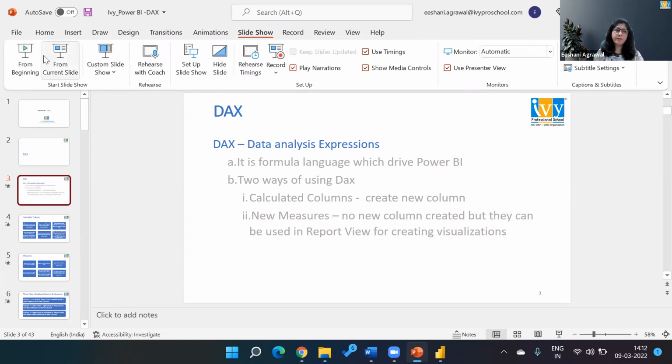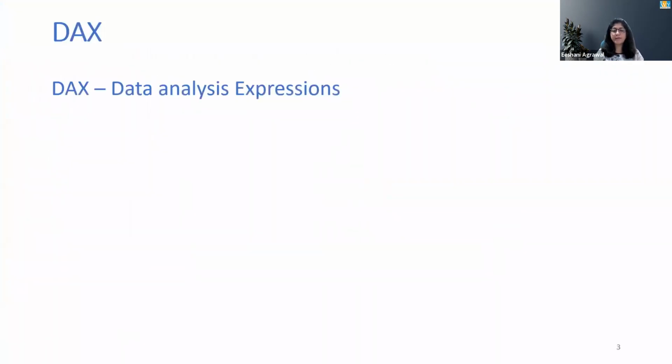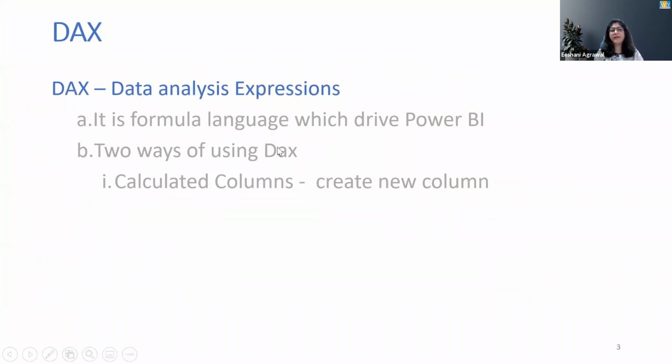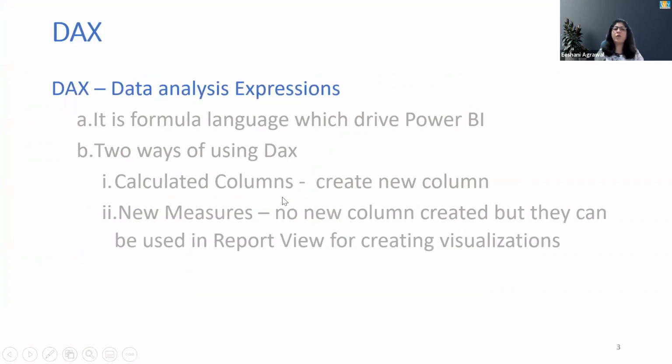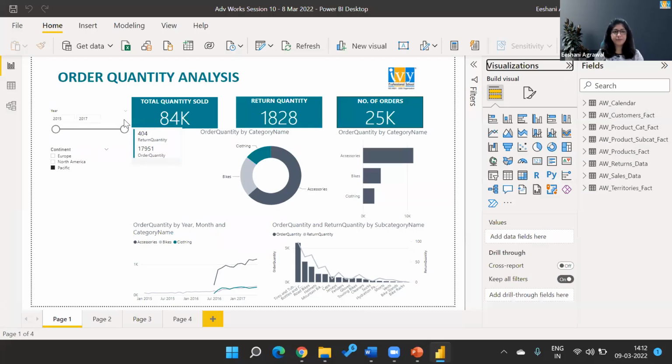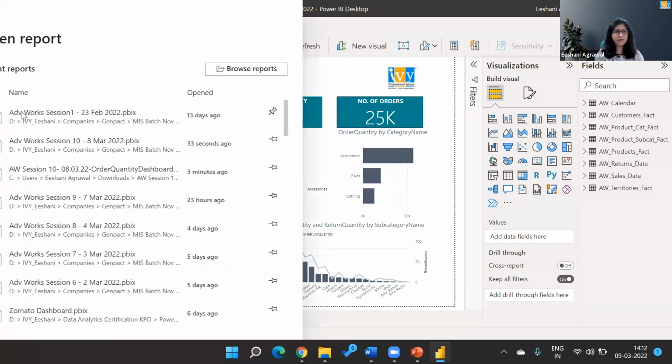There are two types that we will look at. One is called the calculated columns and one is called the measure. Okay, so let's go back over here. Let me do a save as.